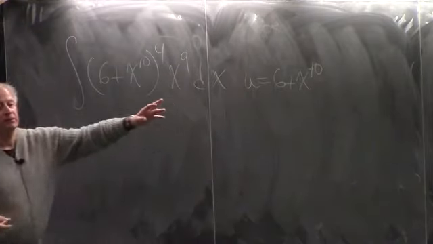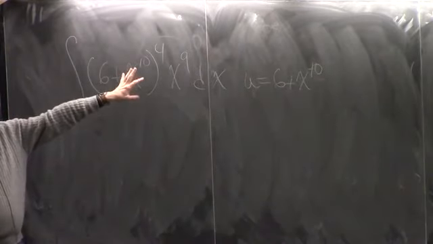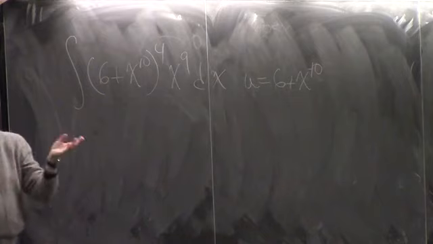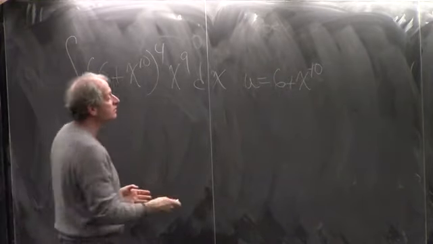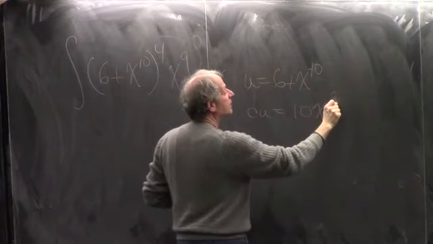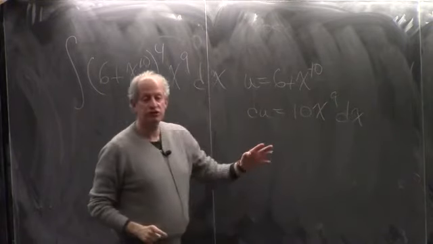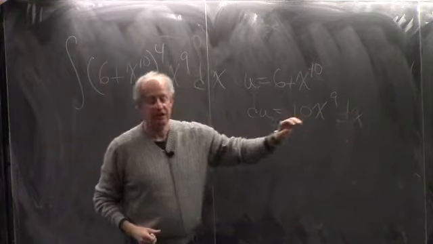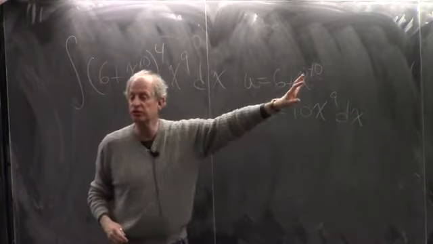Why do I choose that? Because the derivative of x to the 10th is something x to the 9th. And the derivative of 6 is just going to go away. So du would be 10 x to the 9th dx. You all see why I can put the dx over here, right? It's du over dx, and then I just multiply across.